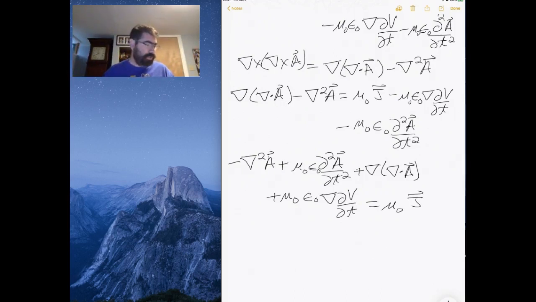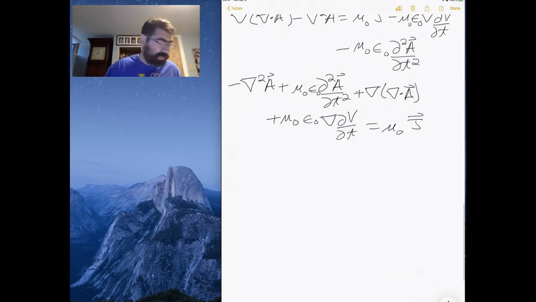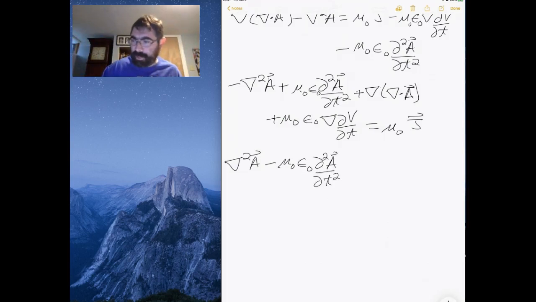Okay, so if I can now combine some terms together, what I get is Laplacian of A minus mu0 epsilon0 second derivative of A with respect to time.